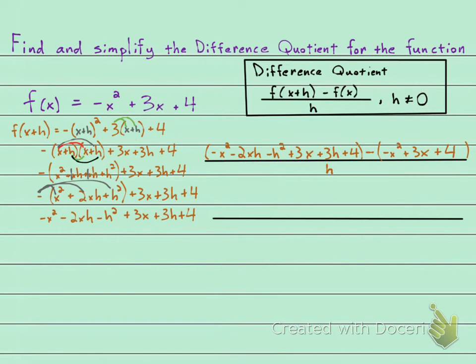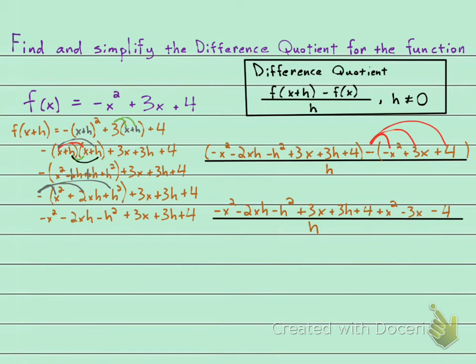So I'm going to have negative x squared minus 2xh minus h squared plus 3x plus 3h plus 4. Now I will have minus a negative x squared, which is a positive x squared. I'm going to have minus 3x, and then minus 4, all over h.